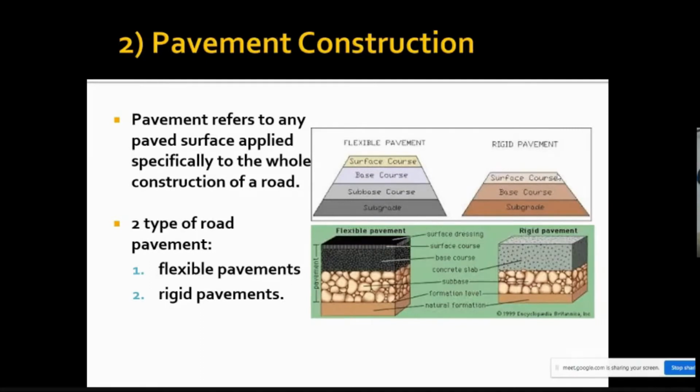Tapi bila you naik dekat atas flexible pavement, there are certain areas dekat dalam atas jalan raya tu that they have to do the flexible pavement because sometimes rigid pavement dia lebih rigid, dia lebih keras, dan I'm not quite sure about the kelicinan because surface dia tu dia tak boleh licin.